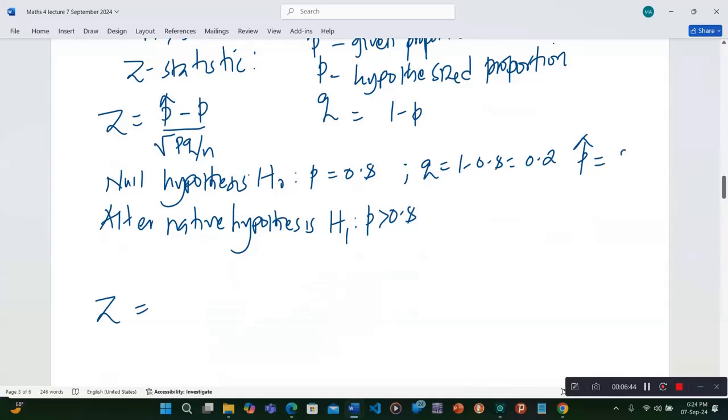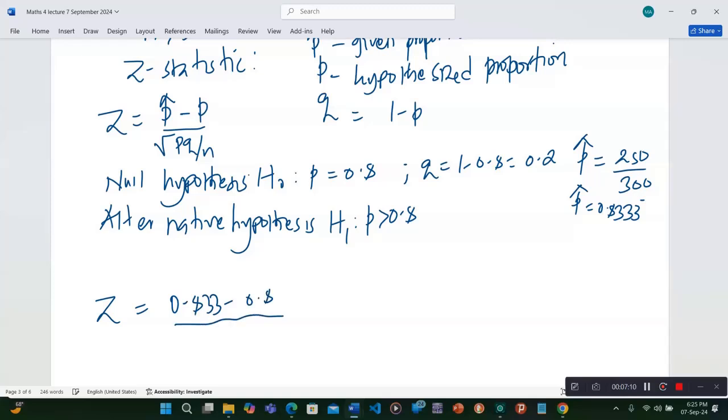Therefore, that p̂ is going to be 250 divided by 300, which is 0.833 recurring. So that means our Z is going to be 0.833 minus 0.8, divided by the square root of 0.8 times 0.2, all out of n, whereby n is 300.